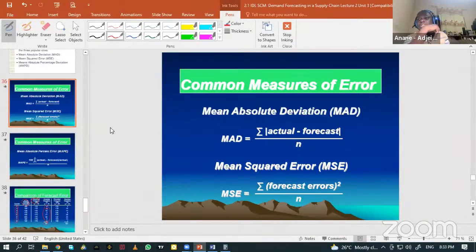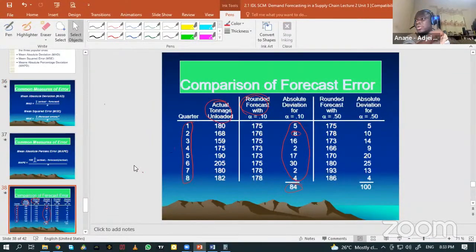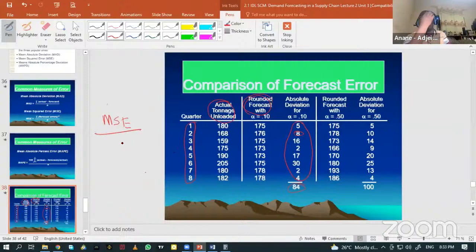All right, okay. So we want to learn how to calculate what we call the mean square error, okay? The mean square error.